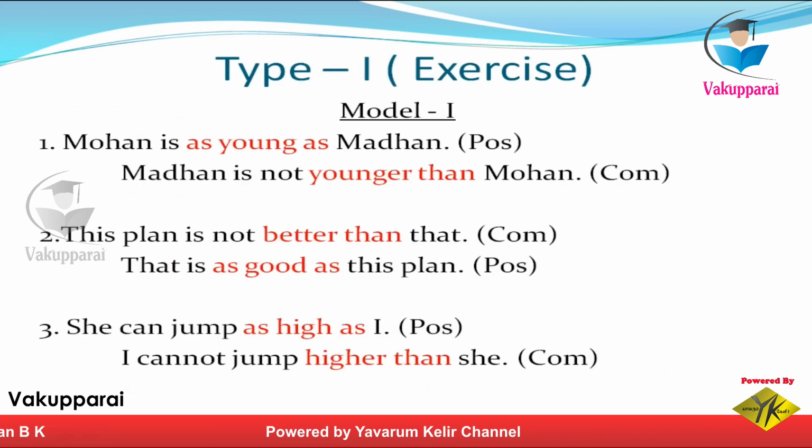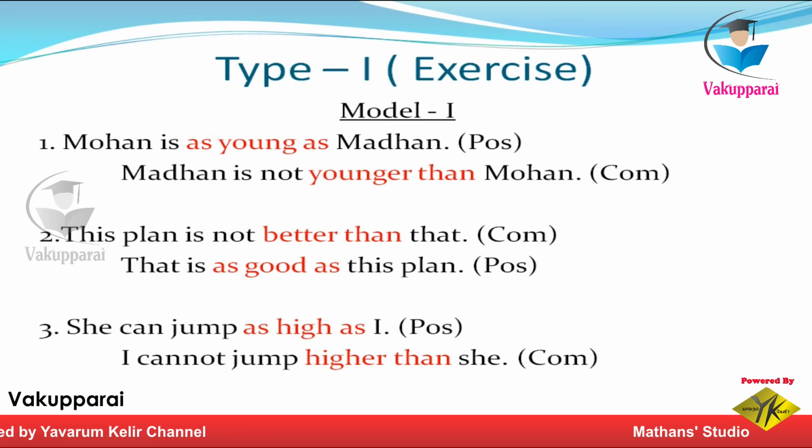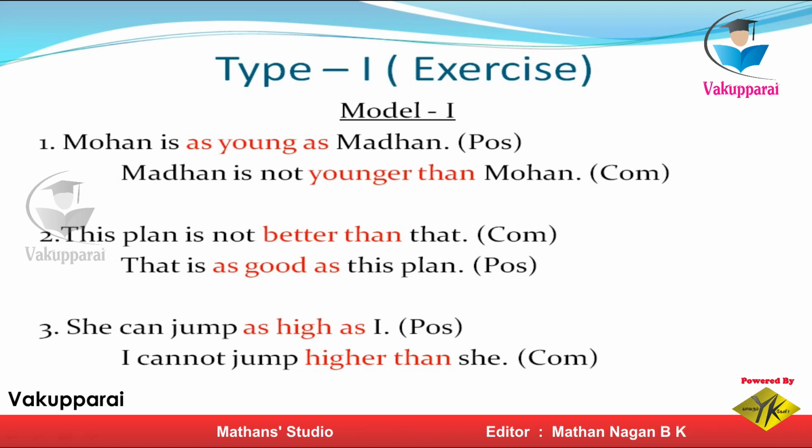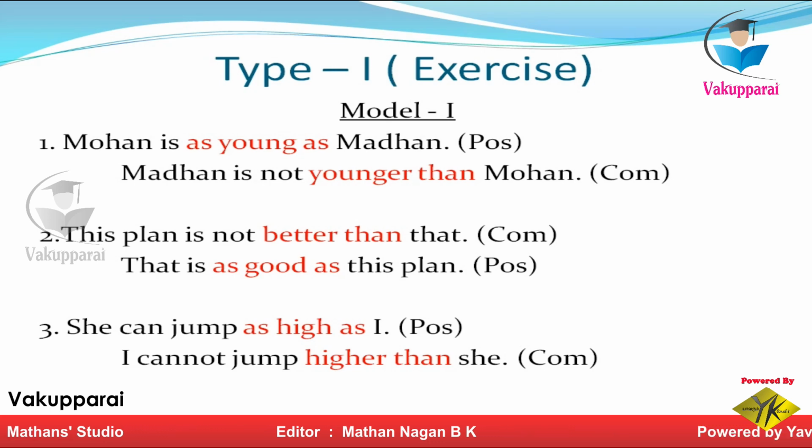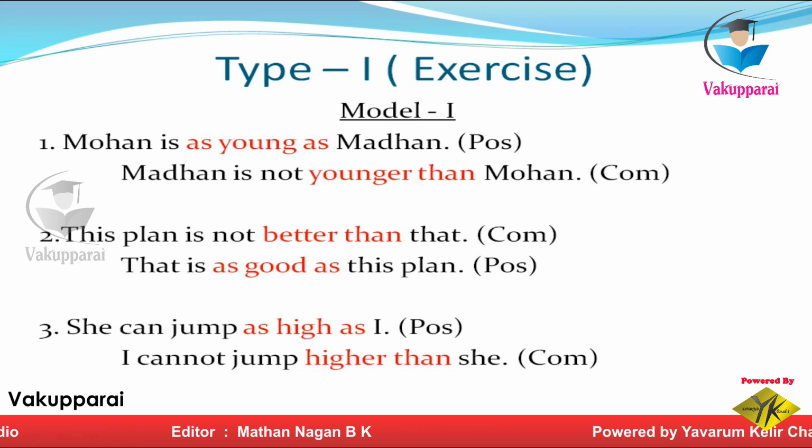I'm giving exercises here. I will go through this, you listen. Mohan is as young as Madan. It is in positive degree. So when we change into comparative degree, the second subject Madan should be first and the first subject Mohan should come at the last.